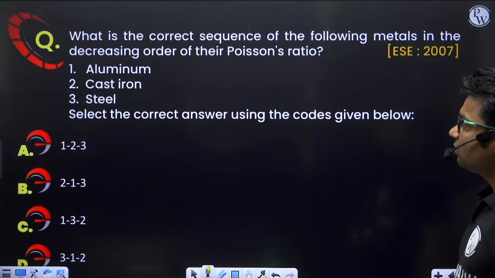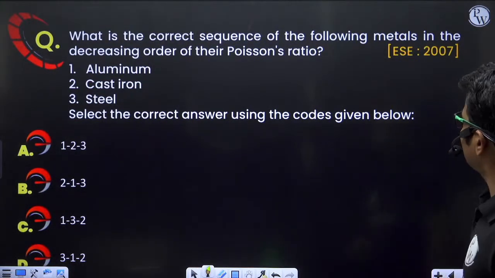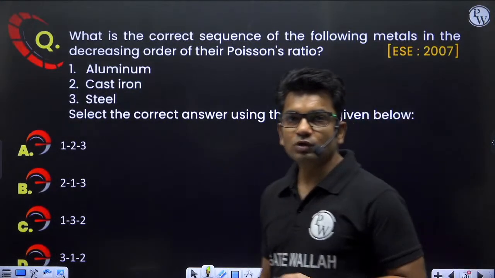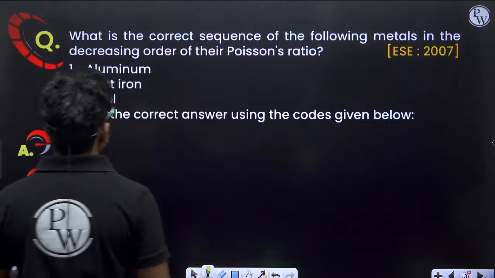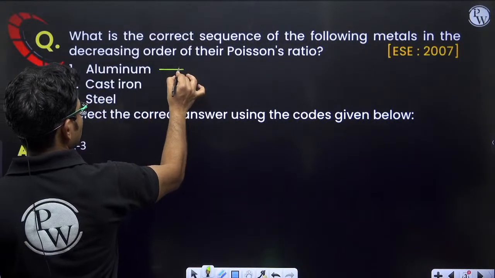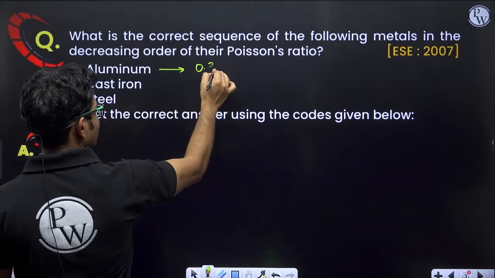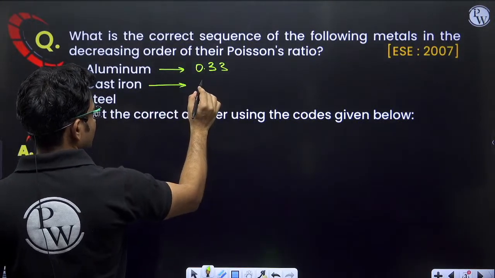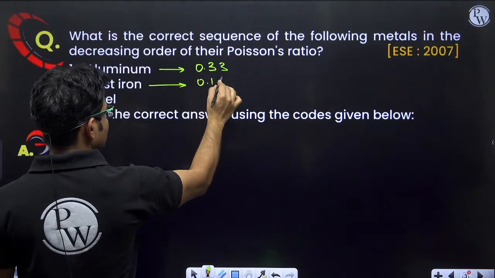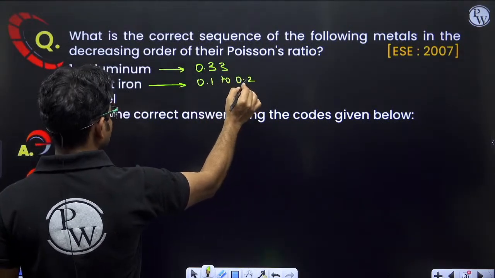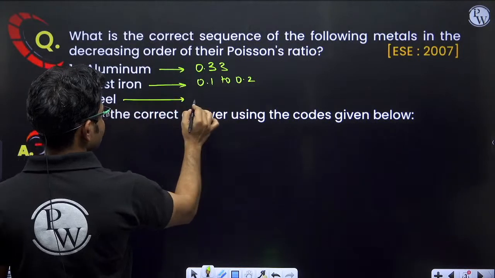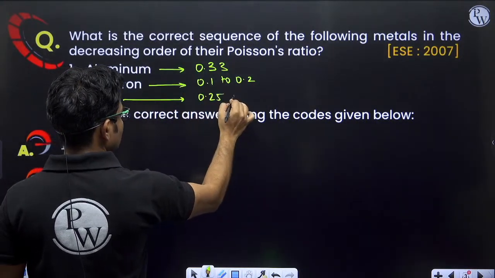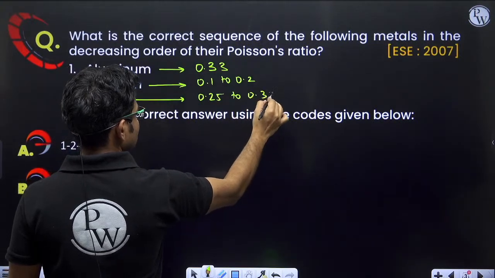First question: what is the correct sequence of the following metals in the decreasing order of their Poisson's ratio? First let us see the Poisson's ratio of aluminium. Poisson's ratio of aluminium is 0.33. Steel's Poisson's ratio is 0.25 to 0.33.